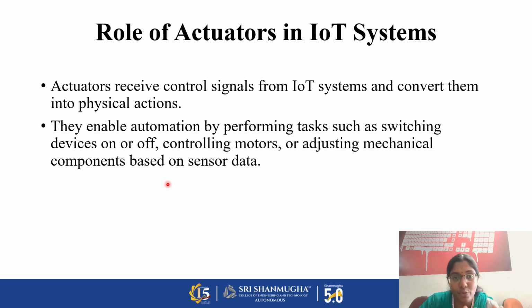For example, if you want to turn on a buzzer, an LED, a motor, or a light, any switching operation can be performed with the help of these actuators. Or it can be adjusting mechanical components based on the sensor data. All those things can be done with the help of actuators.